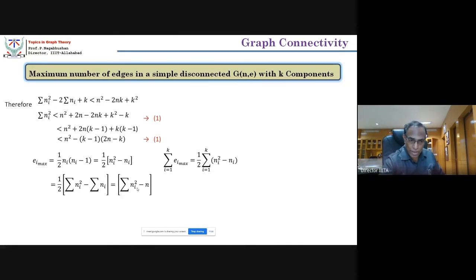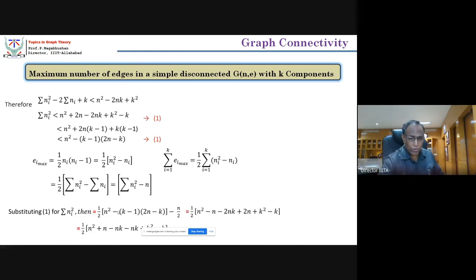This sigma n_i square, you substitute from the inequality. Is it all right? For the sigma n_i square, use that: n square plus 2n minus 2nk plus k square minus k. You substitute here and do some manipulations. That's all. Just substitute and do the simplification. When you do the simplification, you will get half (n minus k) into (n minus k plus 1).